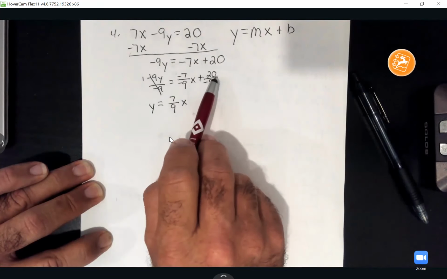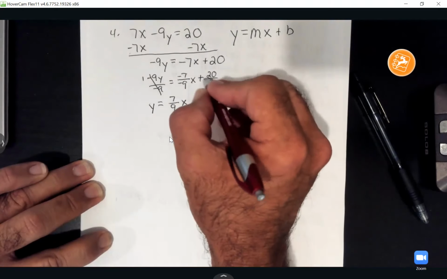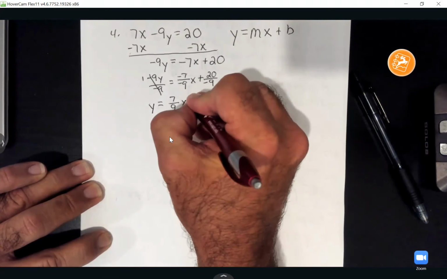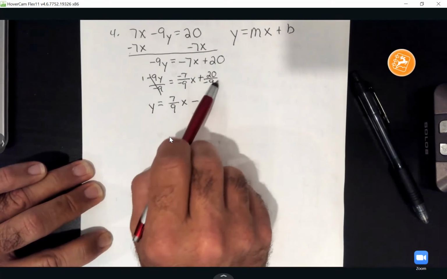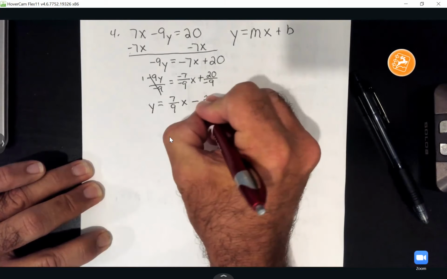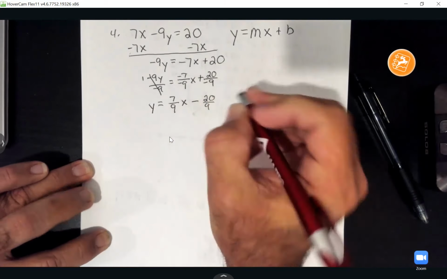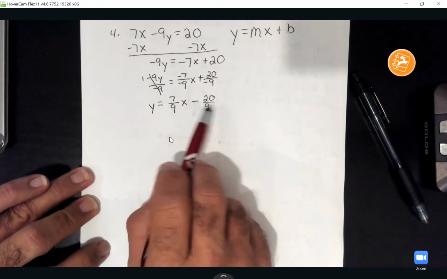Right here, you got a plus 20 divided by -9. That's unlike signs, so that's going to make that a minus. And then 20 divided by 9, we cannot do, so we'll leave that a 20/9.